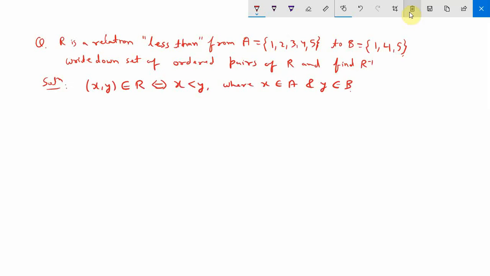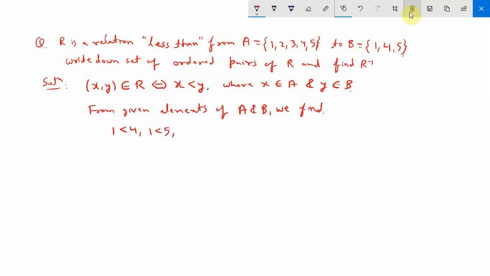So from the given elements of A and B, we will start from the first element. So 1 is less than 4, 1 is less than 5.